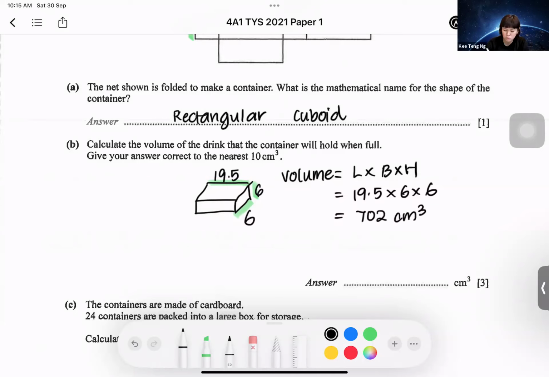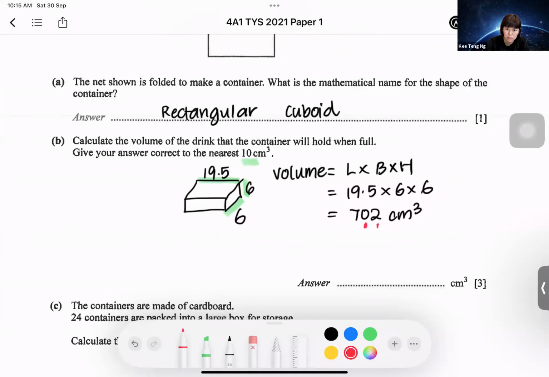But they want us to round it off to the nearest 10 cm cube. This is the ones placing. This is the tens placing. So our nearest 10, this is 0. So it'll be 70. But this is 702, so it'll be changed to 700 cm cube. Nearest 10.